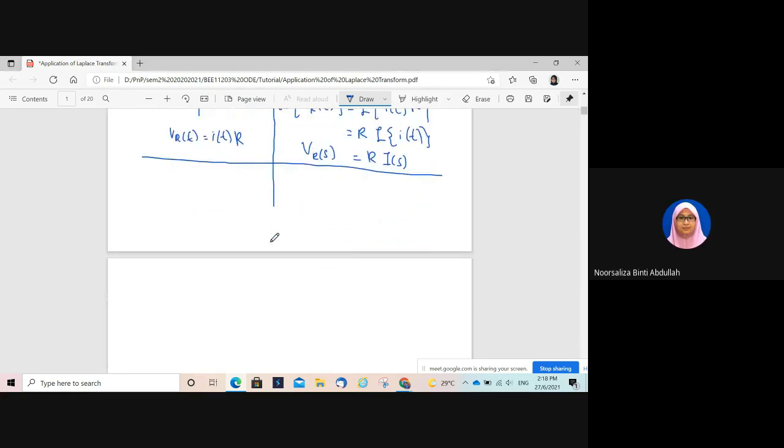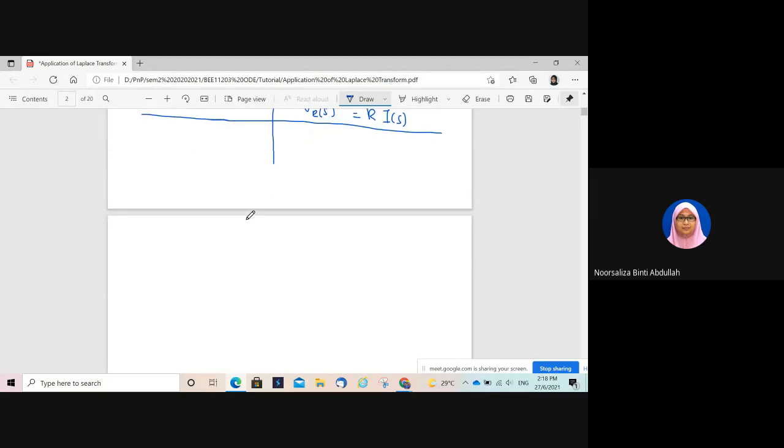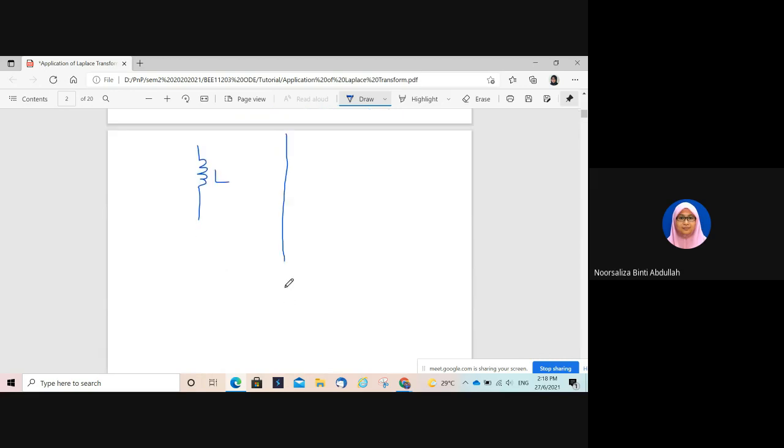So now we move to the next one. You have an inductor L. So this is in time domain. So L, you have v_L(t) equals L di(t)/dt.